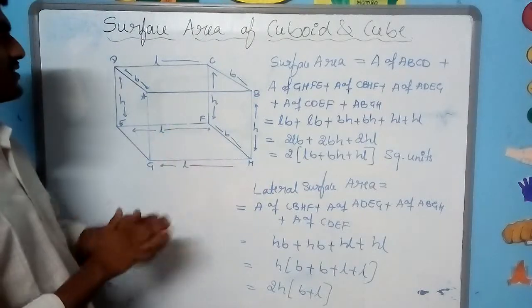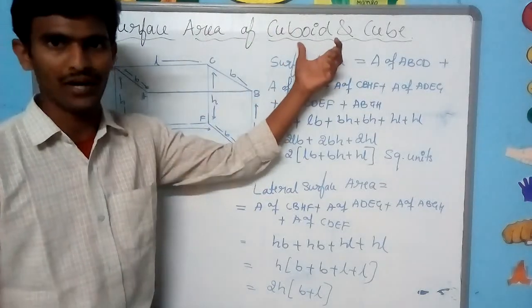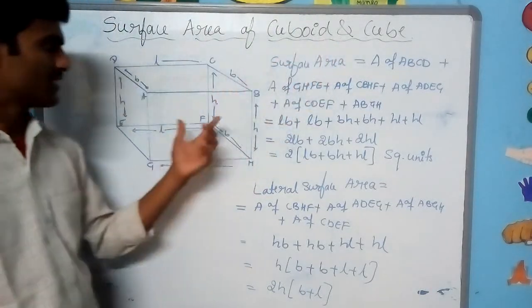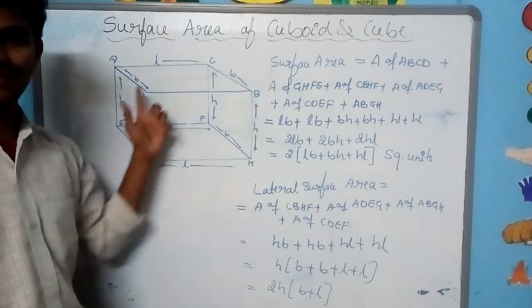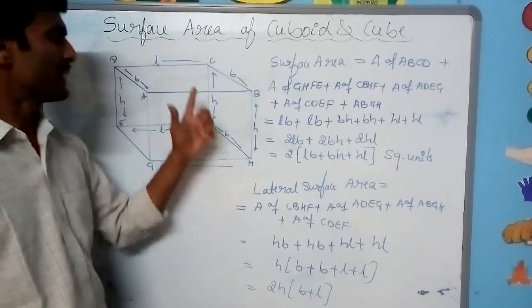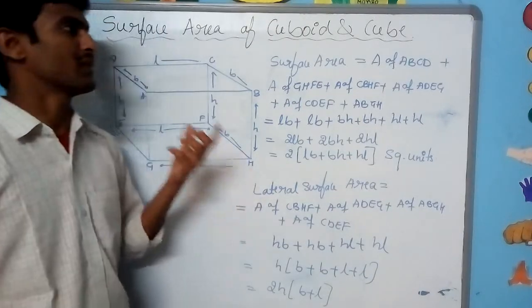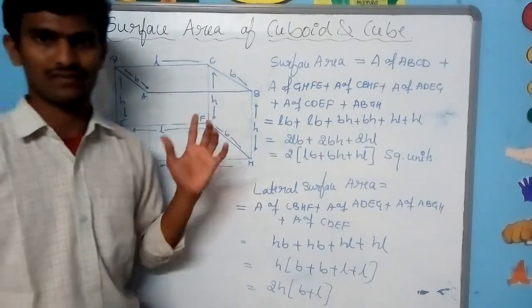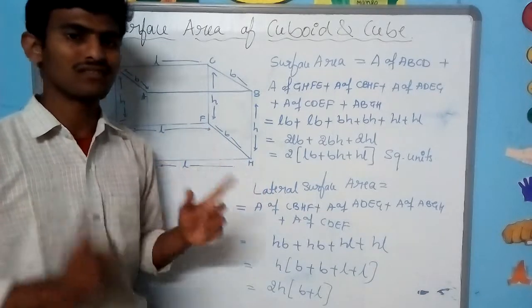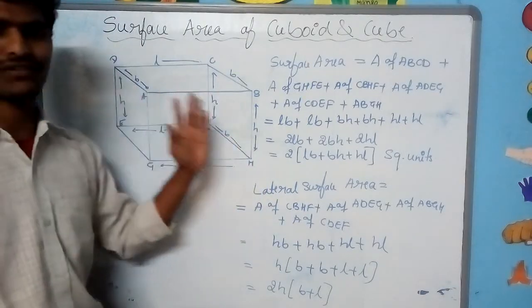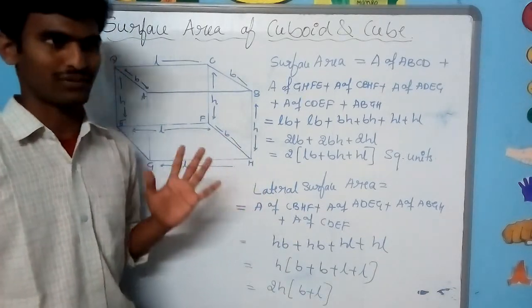Now I consider the surface area of the cuboid. The cuboid is a 3D geometrical figure. The 3D geometrical figure is a solid shape of an object and it has 6 faces. Those faces are rectangular.